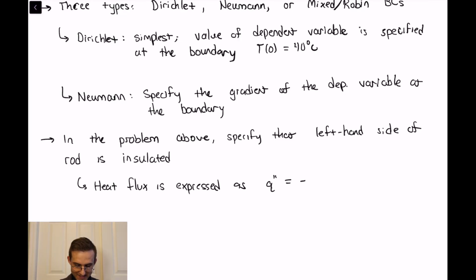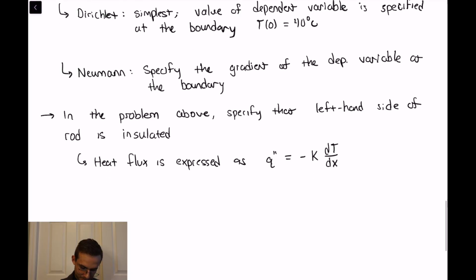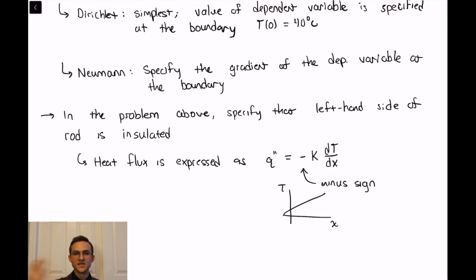dT/dt is equal to minus k times dT/dx. The minus sign comes from the fact that heat moves from high to low temperature. So if you're plotting T versus distance and your temperature is rising to the right, the heat is going to move in the negative x direction.